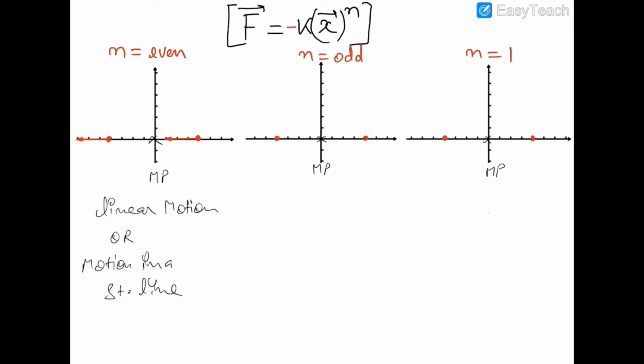Now if this n is odd, then you can see that if the particle is on positive x-axis, then x would be positive, and positive to the power odd will also be a positive number, but force will be negative because there is a negative sign in this formula.